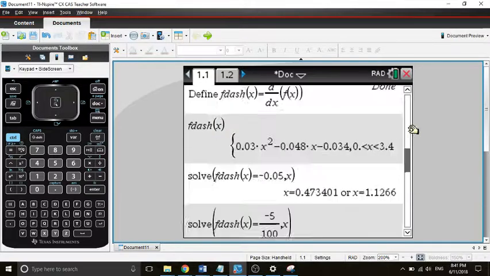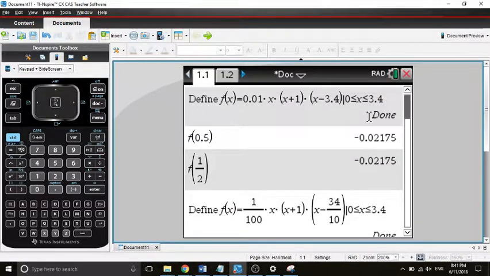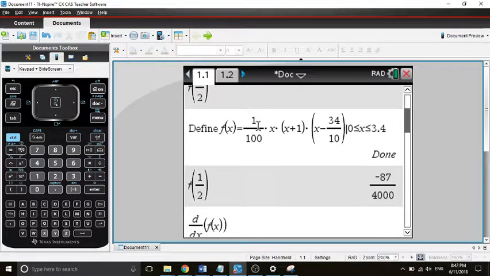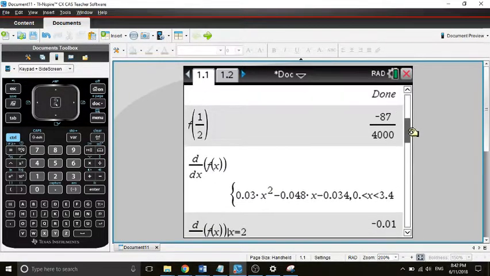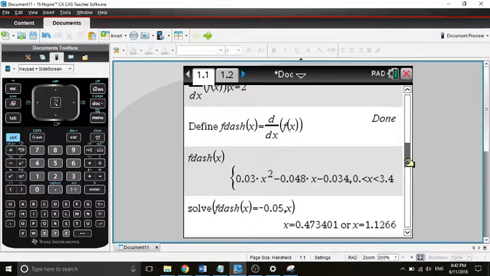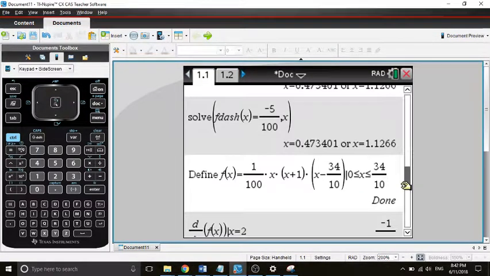So basically what I did here was define a function because it's asking for exact values. I think this may be exact, but I don't know. I just worry because we've entered decimal numbers. So I re-entered it, changing this to 1 over 100 and this to 34 over 10, but I forgot to do the domain. So when we found the derivative, it gave us the derivative using decimals. Then I redefined the original function, except instead of 3.4, I wrote it as 34 over 10.